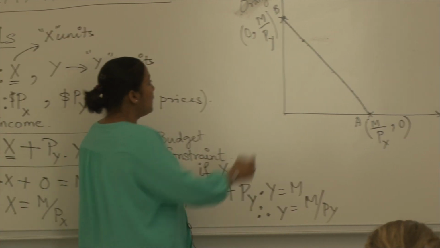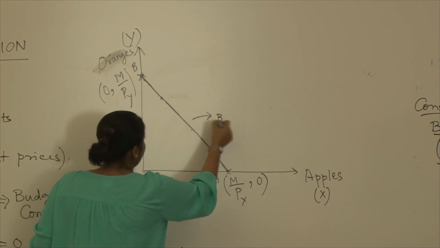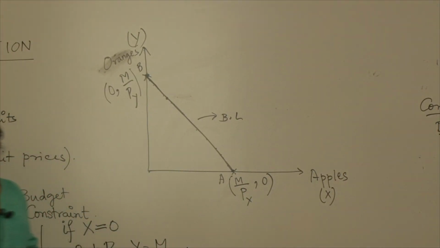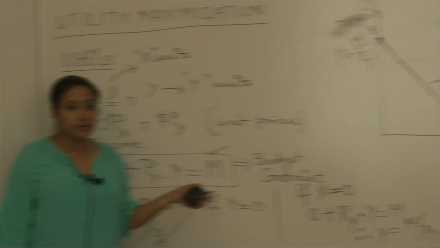Now, the line that passes through all these consumption bundles is basically your budget line. That is the graphical representation of the budget constraint. This is like an equation of a straight line, isn't it?